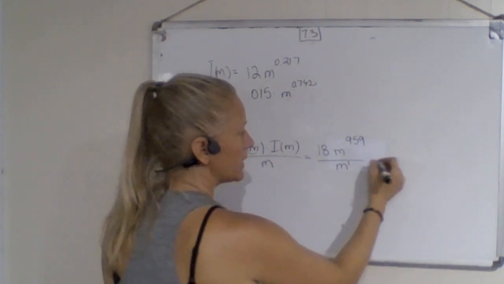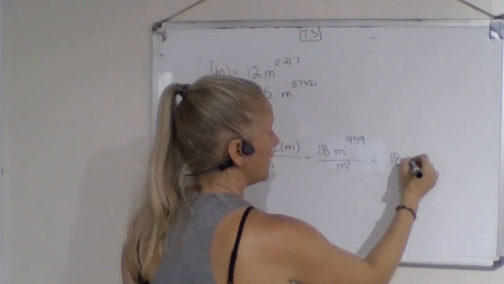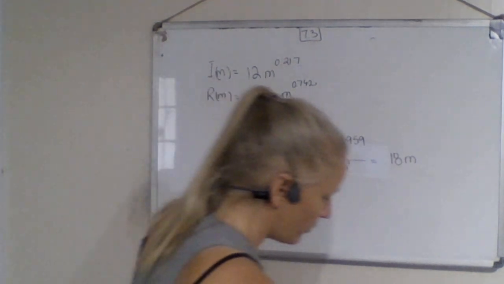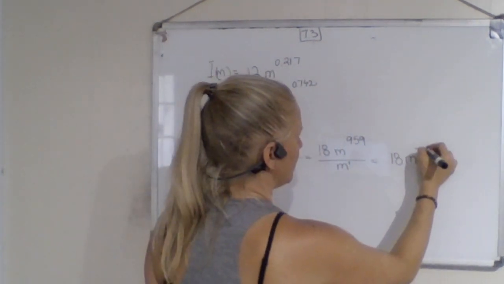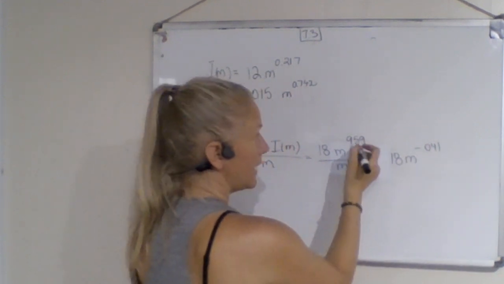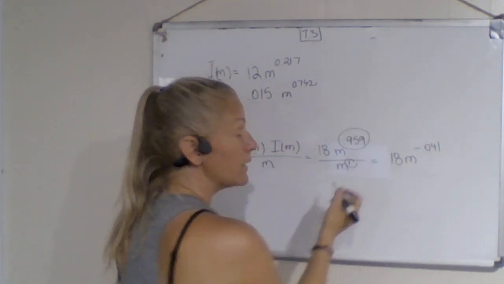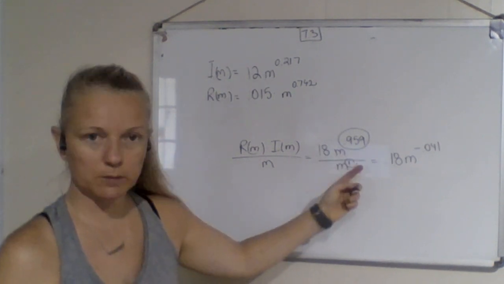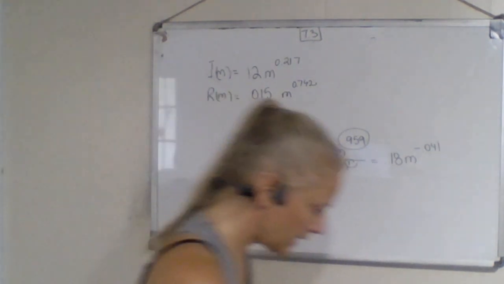M over M, so this becomes 0.18 M to the 0.959 minus 1, what is that number? Negative 0.041. I get this one minus this one because of the property that deals with division: we have the same base, we subtract exponents.